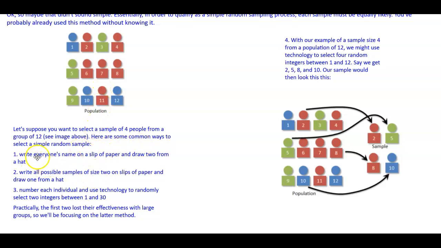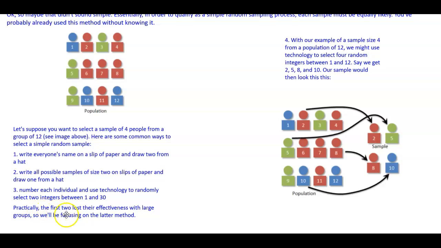Well, 1, you're going to write everyone's name on a slip of paper and then draw 2 from a hat. Number 2, you can write all possible samples of size 2 on slips of paper and draw 1 from a hat. Or you can number each individual and use technology to randomly select 2 integers between 1 and 30.